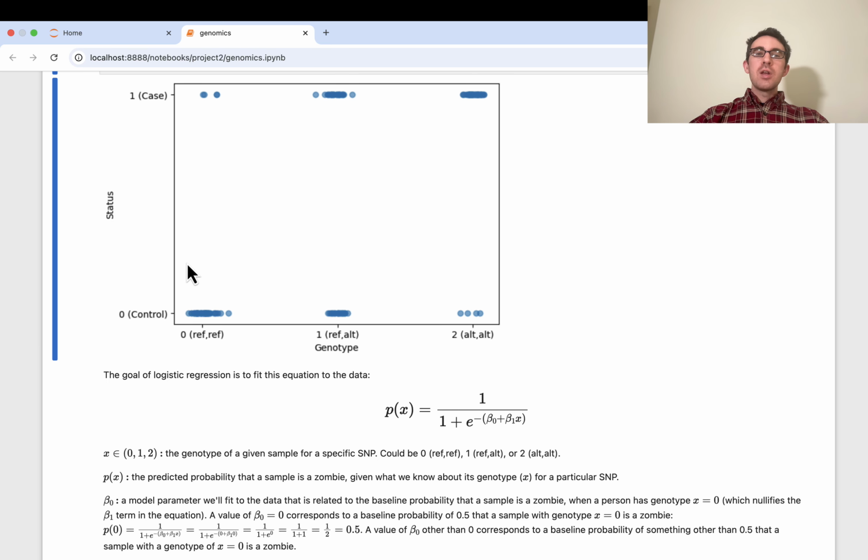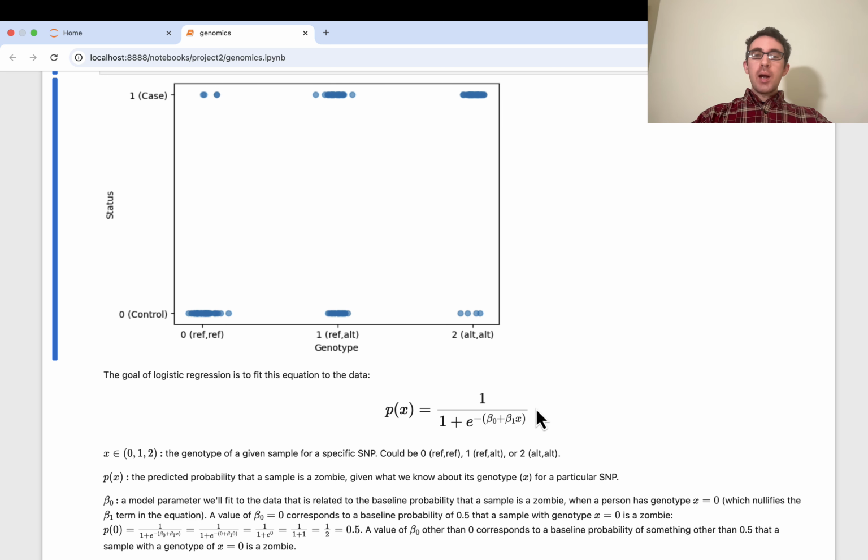Or in general terms, if we just want to know if a sample is a case or control, if we don't know the true label, can we plug their genotype into some equation and get a predicted probability on if they're a case or a control based on their genotype?